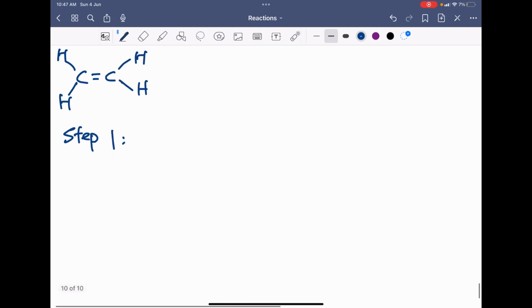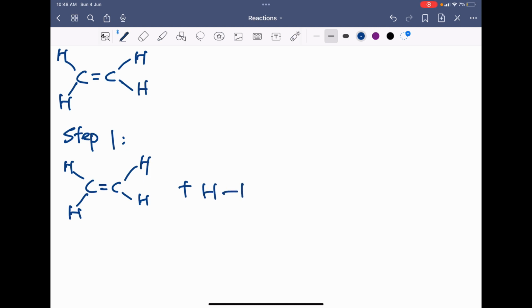Step 1 is the electrophilic addition of the partial positive charge of HBr. This is partial negative, partial positive. Step 1 is EA of the partial positive charge, so we add this.